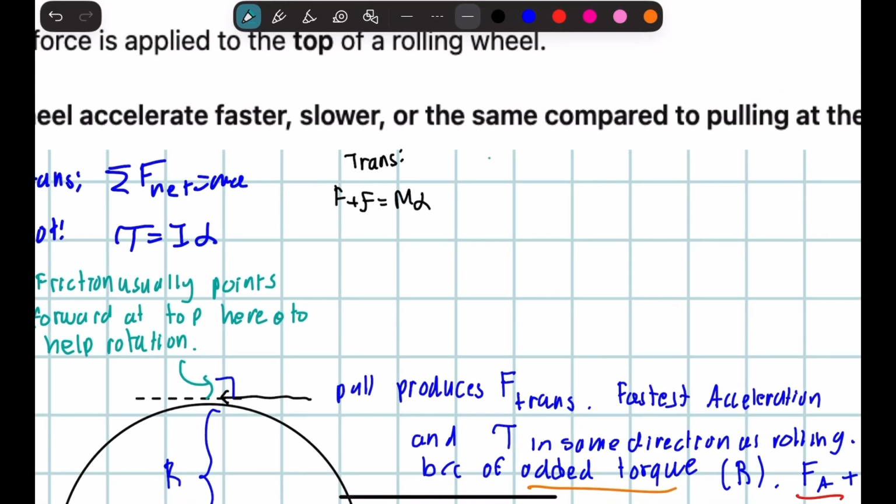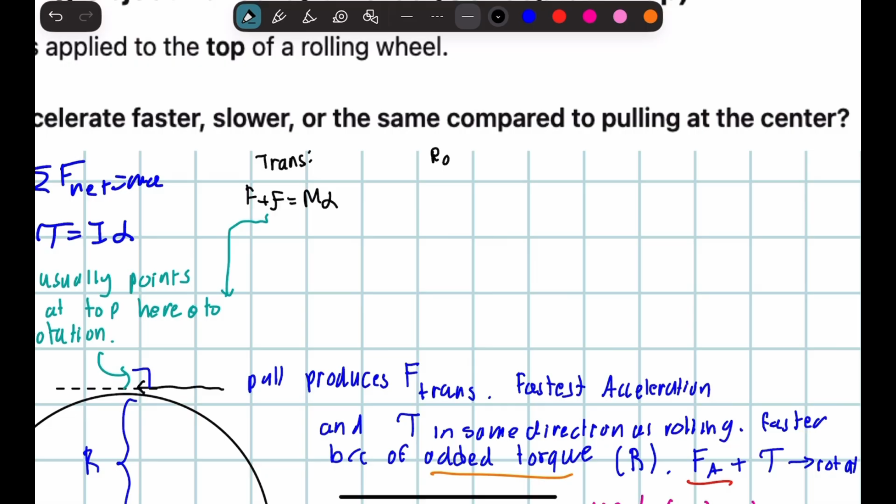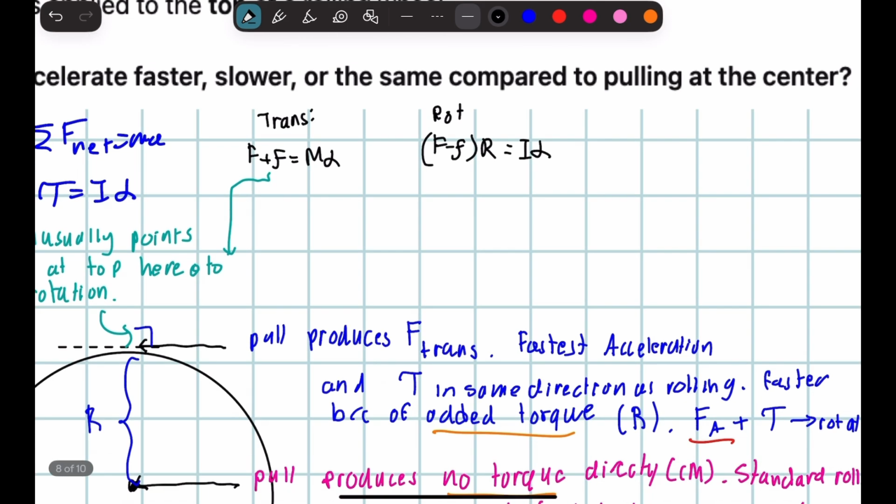Now for rotational, we have F minus f times R is equal to inertia times alpha.